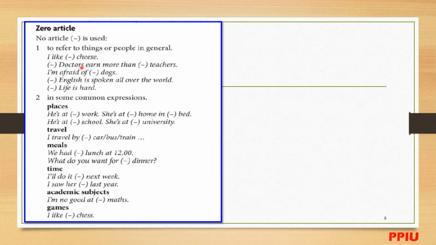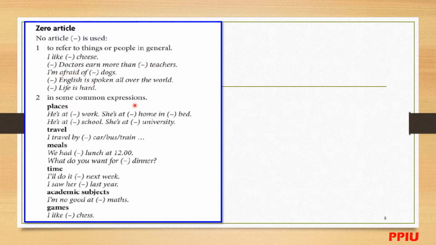I like cheese. Doctors earn more than teachers. I'm afraid of dogs. English is spoken all over the world. Life is hard. So all these things are talking in general.